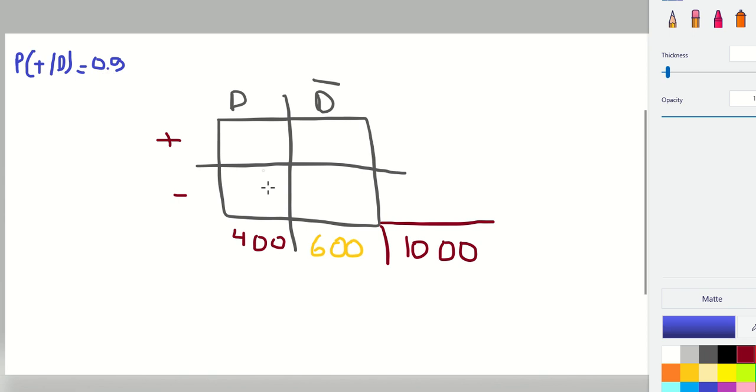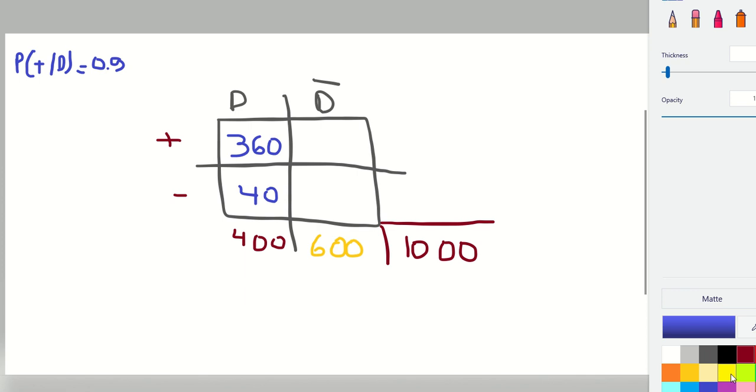Positive is 90%, that is, 90% of the 400 are going to test positive. So what is 90% of 400? Well, it's 400 times 0.9, that is, 360. And that means you're left with 40 here. 360 plus 40 is 400.